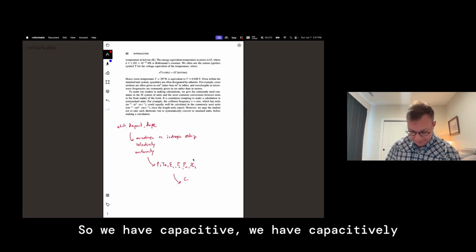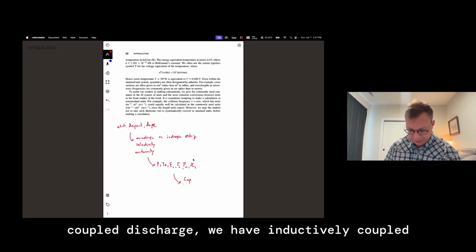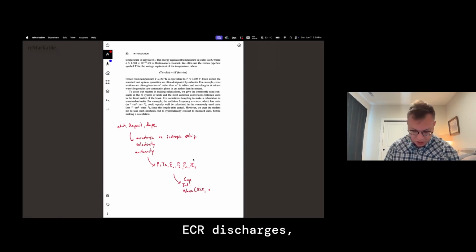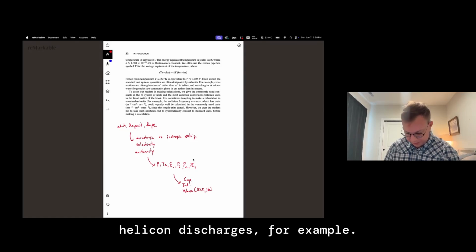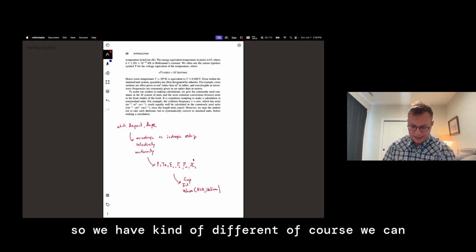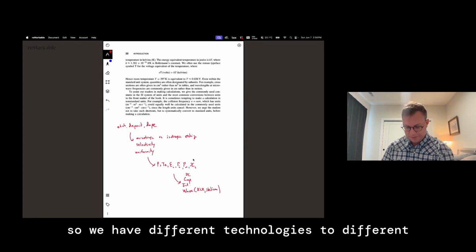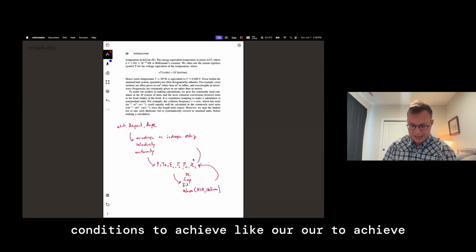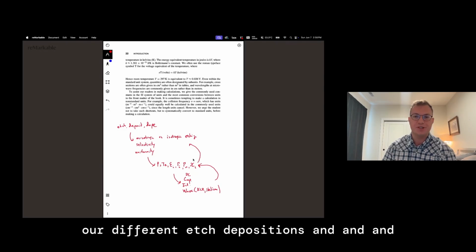To achieve these different plasma conditions, we have different technologies. We have capacitively coupled discharges, inductively coupled discharges, and then various wave discharges, think ECR discharges and helicon discharges, for example. Of course, we can also just have a DC plasma. So we have different technologies to try to achieve different process conditions, to achieve our different etching, deposition, and doping.